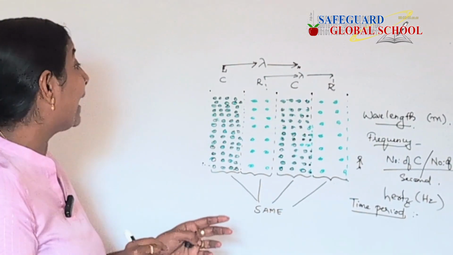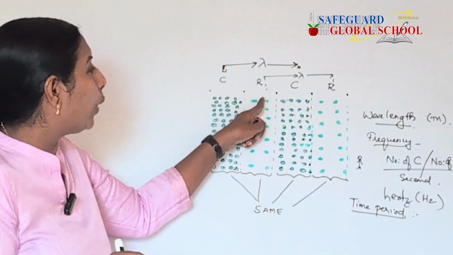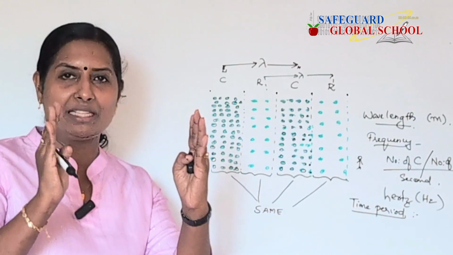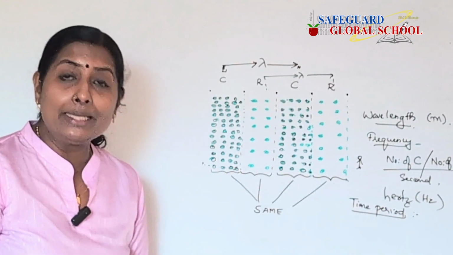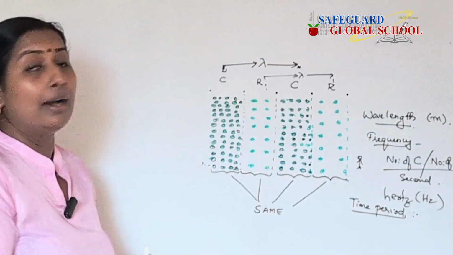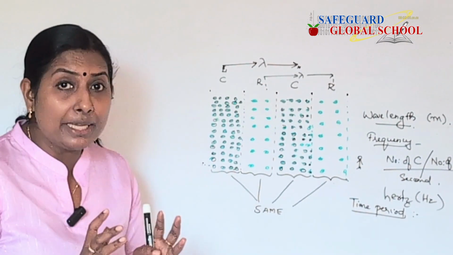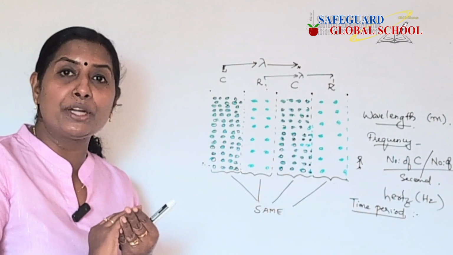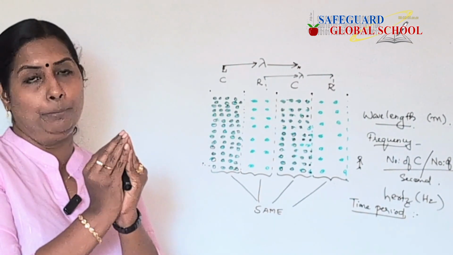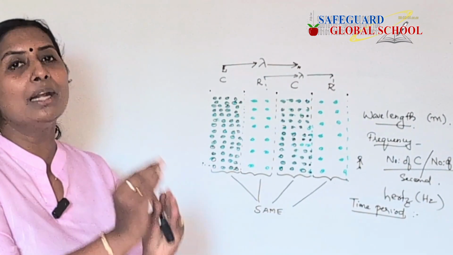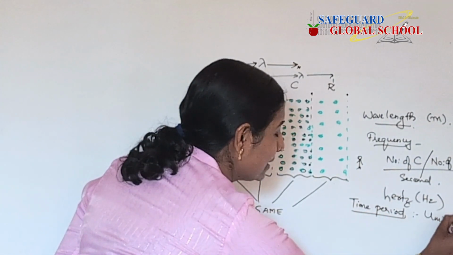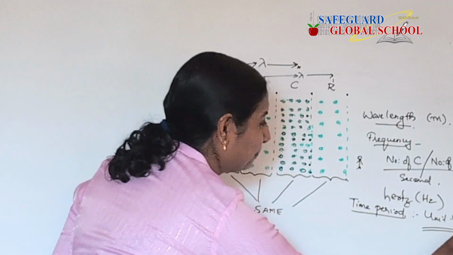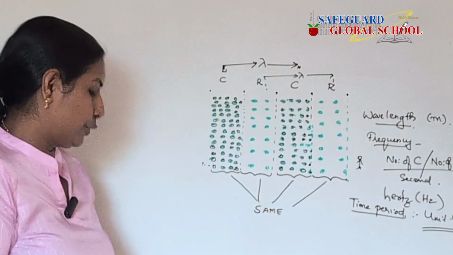You have to note that one compression and one rarefaction constitute a single wave of sound. So, time period is the time taken by one compression and one rarefaction to cross a particular point, and the unit of time period is second. I hope that you have understood it.